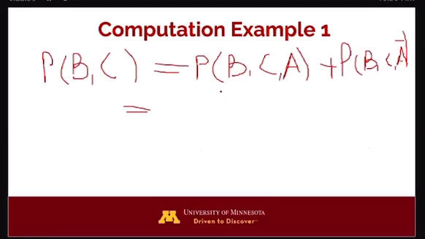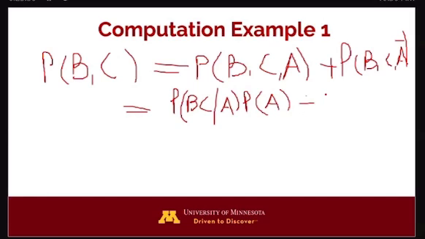If I want to get the probability of BCA, which means ABC, I'm going to write it in conditional form, looking at the structure: BC given A. And when I write BC given A, I have to multiply by the probability of A. Then I'm going to do the same to the complement side: the probability of BC given A complement, multiplied by the probability of A complement.